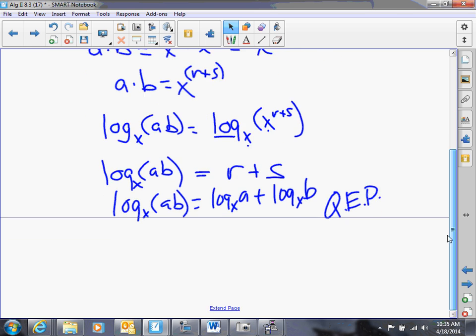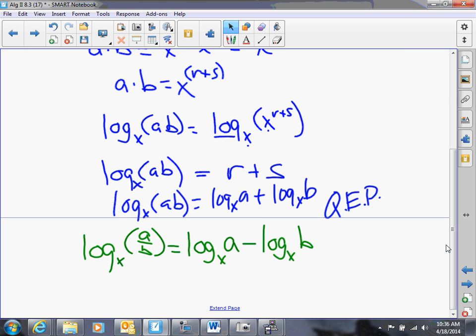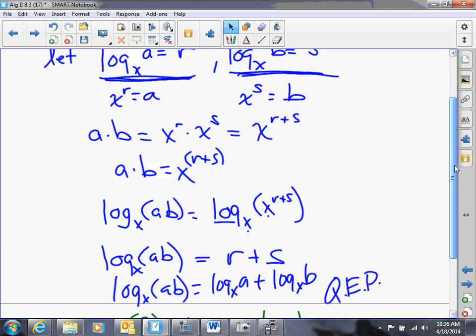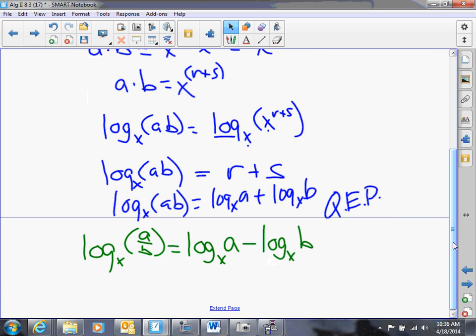Now the second property is like it. It is that the log base x of a divided by b is equal to the log base x of a minus the log base x of b. Now I'm not going to prove that one in this video. What I would like you to do is sit down and look at the blue proof and see if you can't do the green proof.